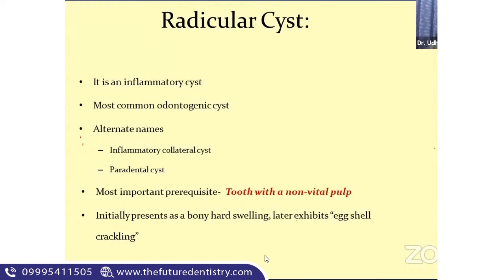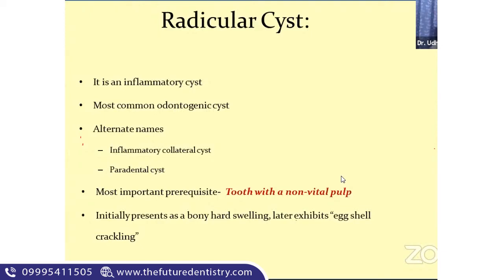It will present initially as a bony hard swelling, which later undergoes eggshell crackling. Eggshell crackling is because the cyst is growing within the bone. Now you saw previously how the bone has a pattern of trabeculations, right? So if this hand is the bone, it's like a balloon growing within the bone like this.